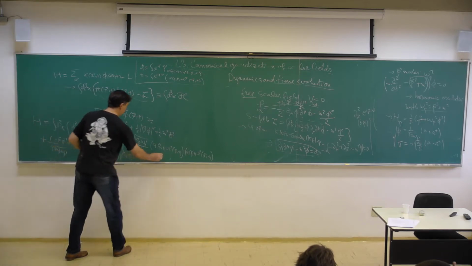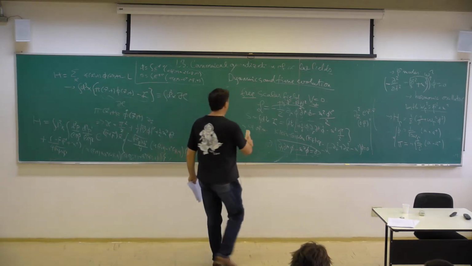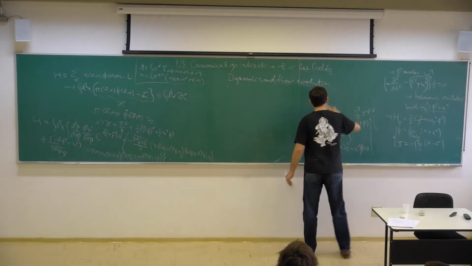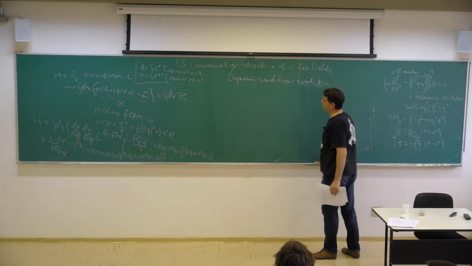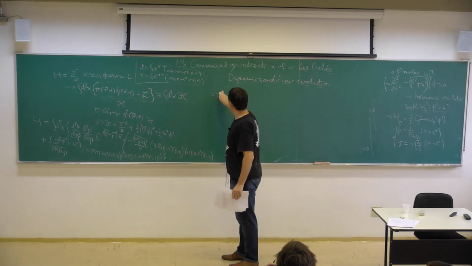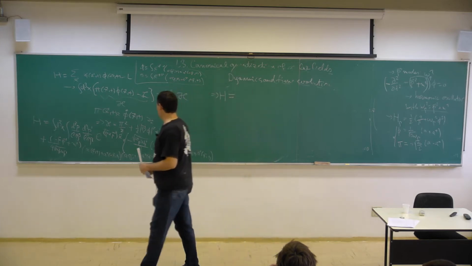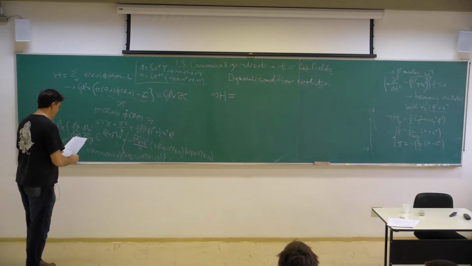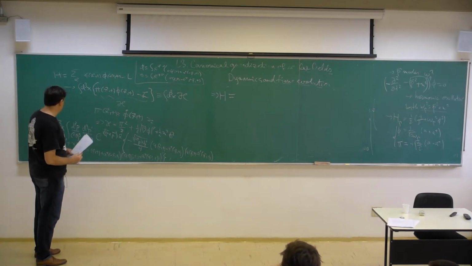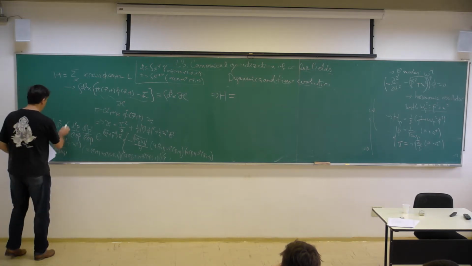All right. Okay. Now let's calculate this further. All right, so the Hamiltonian is equal to, so let's do the integral over x first.